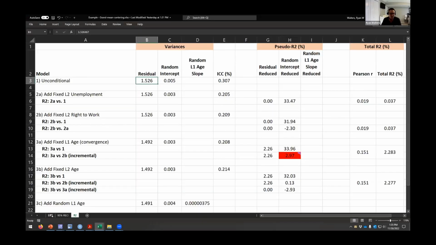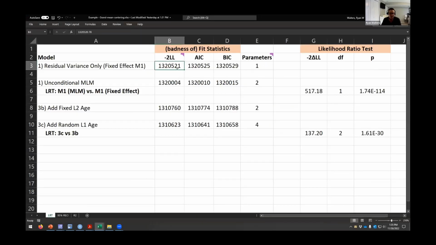If I go to my Excel spreadsheet for the likelihood ratio test, the previous fixed effect model 1 that didn't include that random effect variance had a negative 2 log likelihood of 132,000 and change. The unconditional MLM, multilevel model, that we just estimated was 132 and a little less change. The difference in parameters in the variance components is 1. So we had 1 residual variance estimated here. Here we had a residual variance and a random intercept variance.